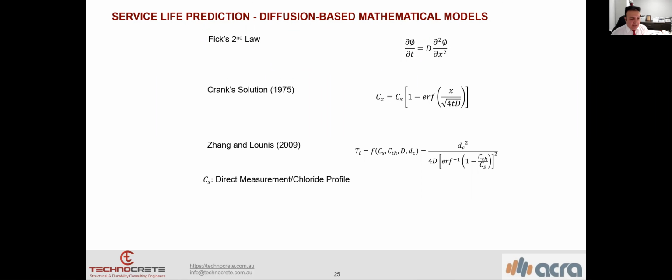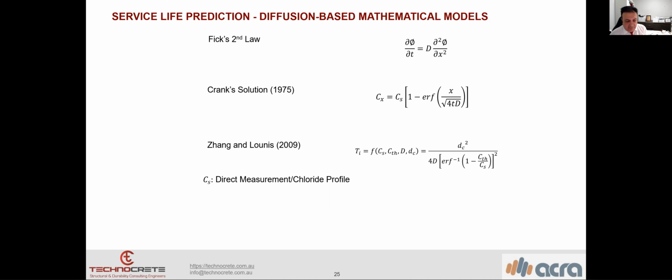Then what we do, for example, if chloride is the dominant deterioration mechanism, we take some samples, and in the laboratory they can measure the chloride content in increments, let's say 10 millimeter increments up to the concrete cover. Sometimes we do maybe another 2 increments after the reinforcement if necessary.